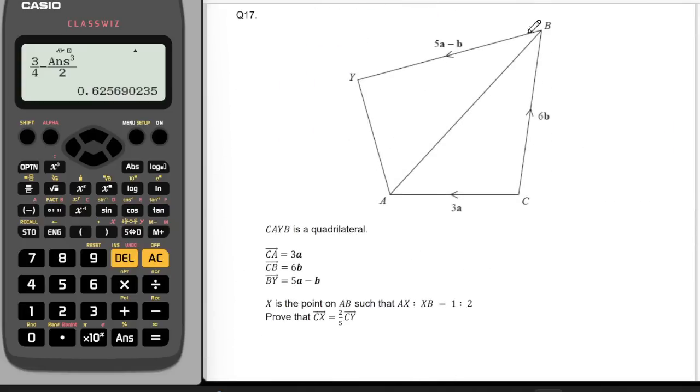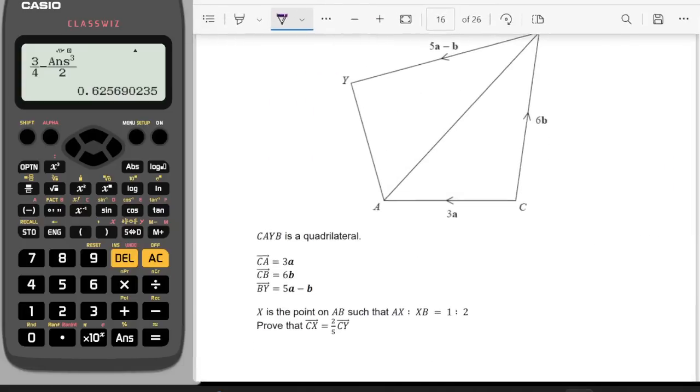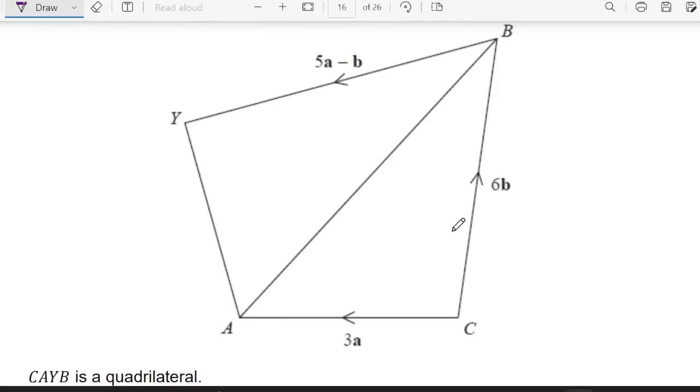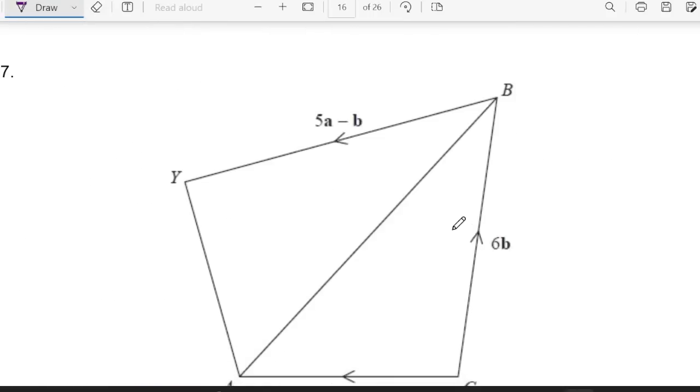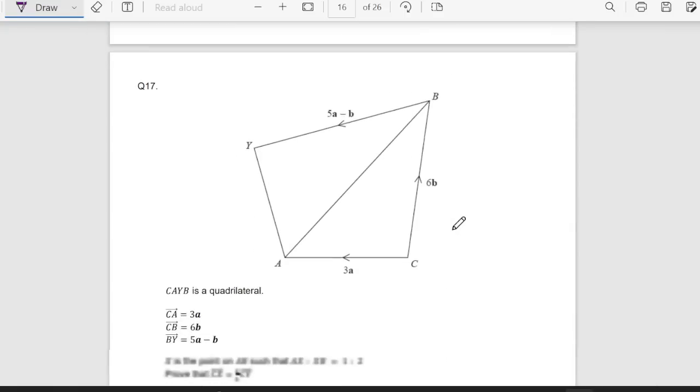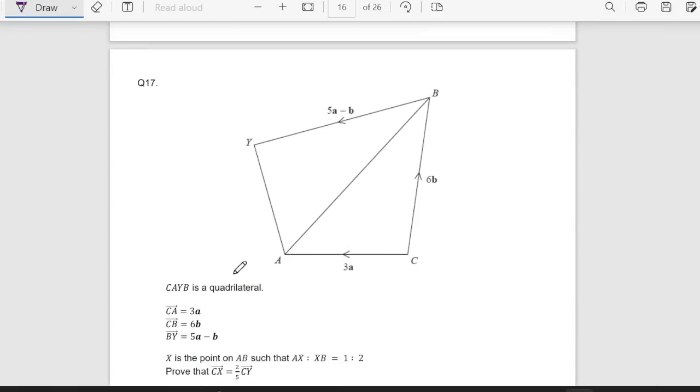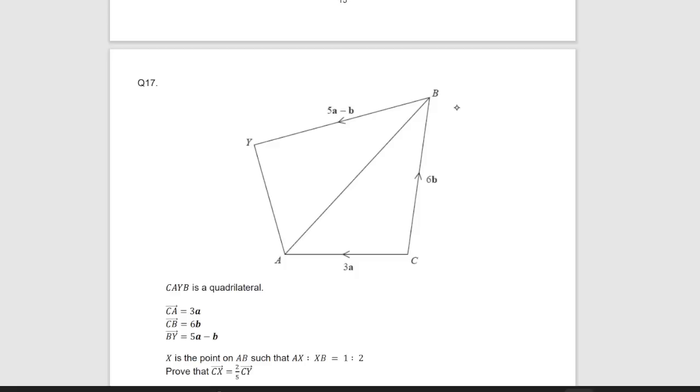Okay, so we've got a vectors question coming up here. Let's have a look at this. Okay, so we've got a quadrilateral. We're told that C to A, and we've got all the information drawn in, C to A is 3A, C to B is 6B, and B to Y is 5A minus B. X is the point on AB such that it splits it in the ratio 1 to 2.